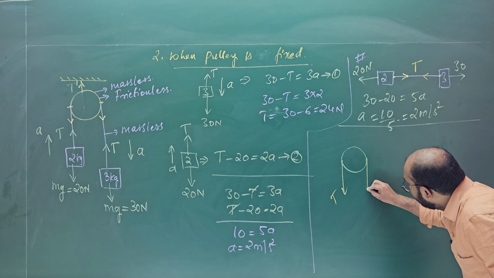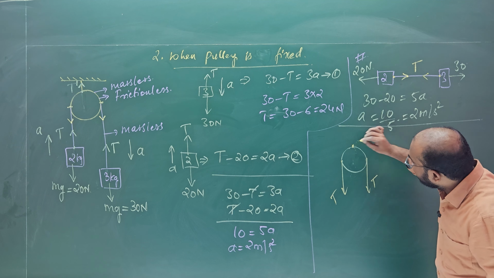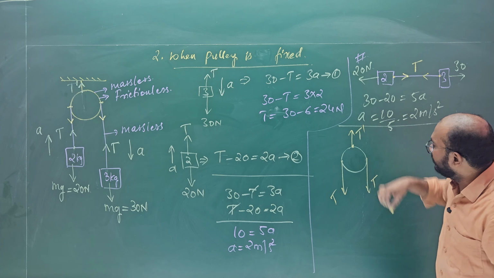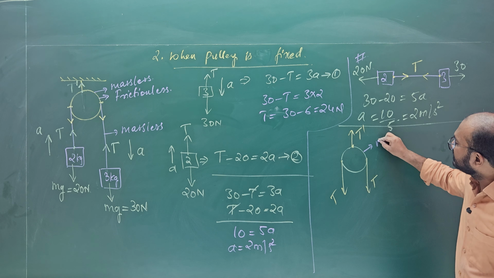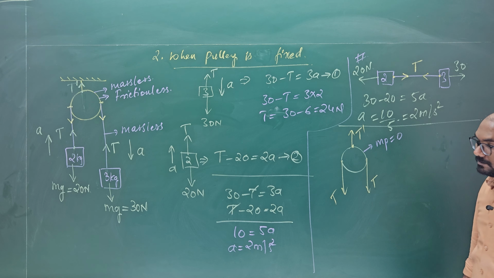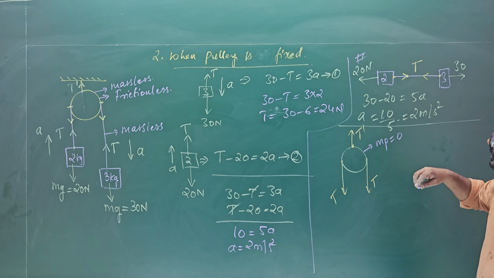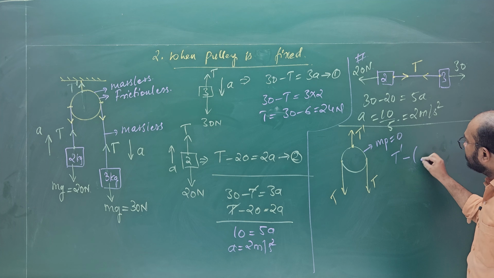At this point also, T is acting in the downward direction. Now, at this point, where is the direction of tension? Upward. So, let's say T dash is acting in the upward direction. Okay. This pulley is what? Massless. That means the mass of the pulley is how much? 0. Applying Newton's second law of motion on this one, can I write T dash minus 2T?